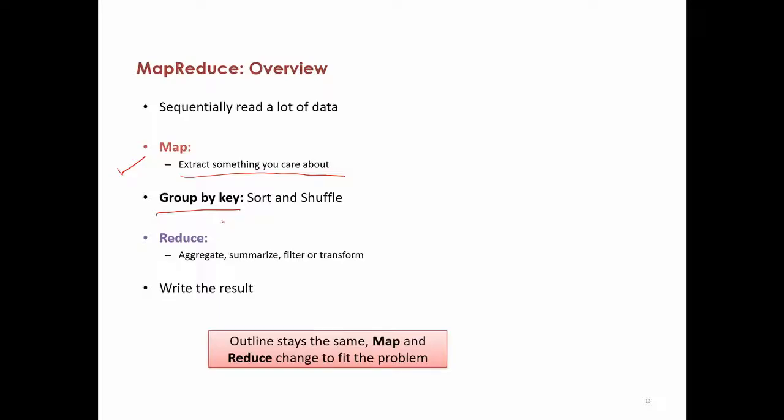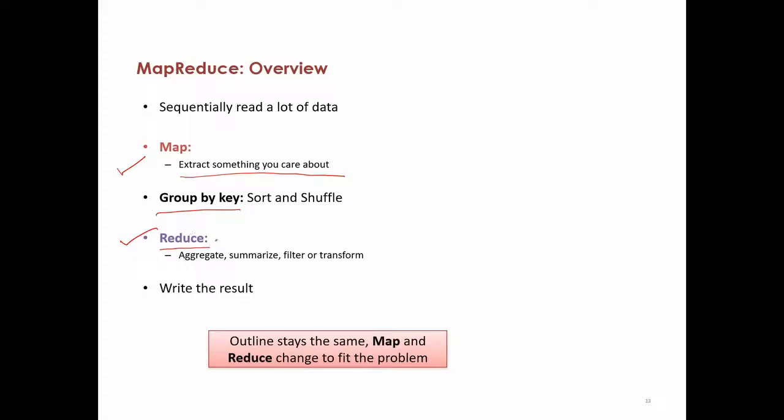So you group the similar records that you extracted during the map phase into the same group. Okay, and then finally you send each of these groups to the reducer.